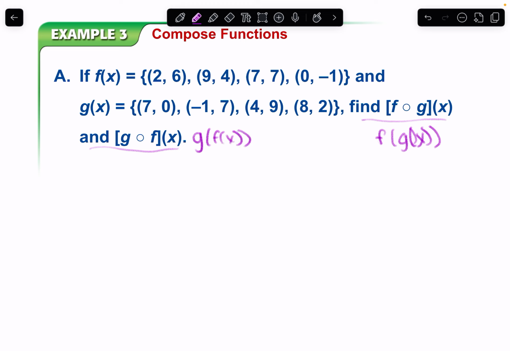So what this means, this one specifically, is that I'm placing g values into my f values, and this would mean that I'm placing f values into my g values.